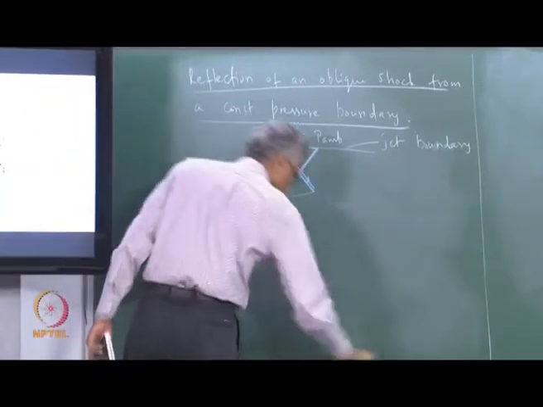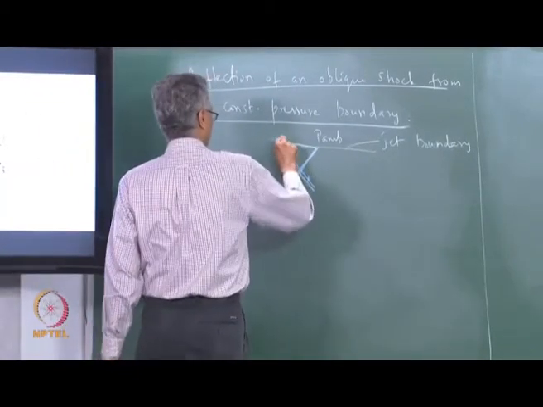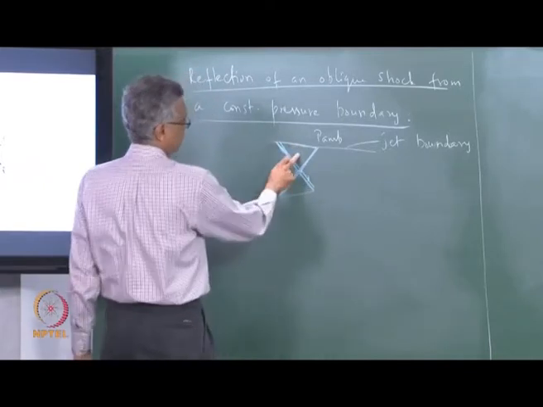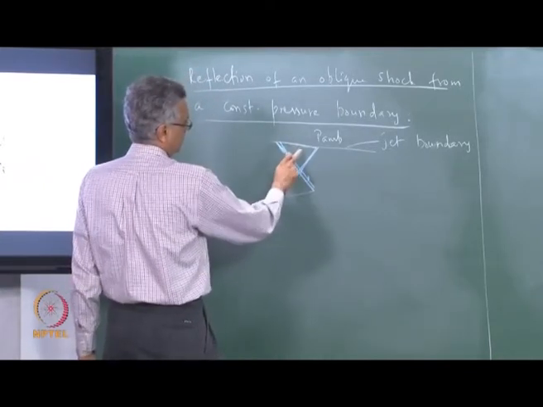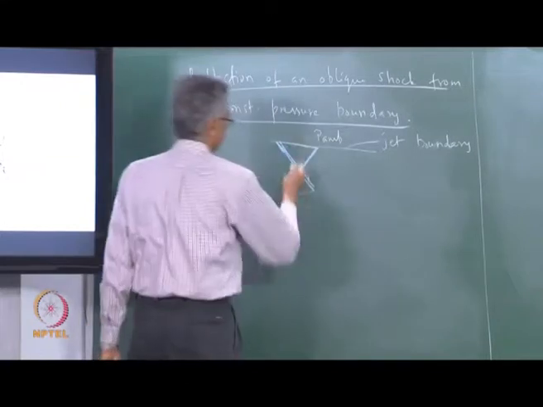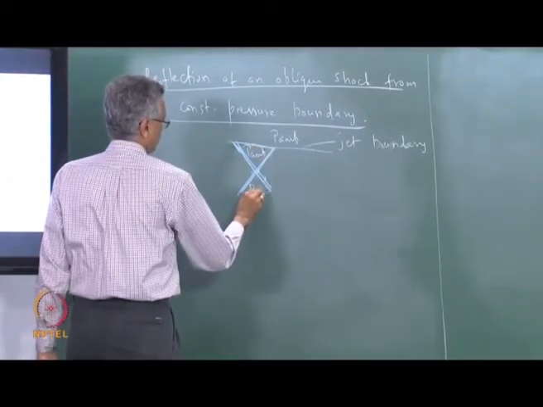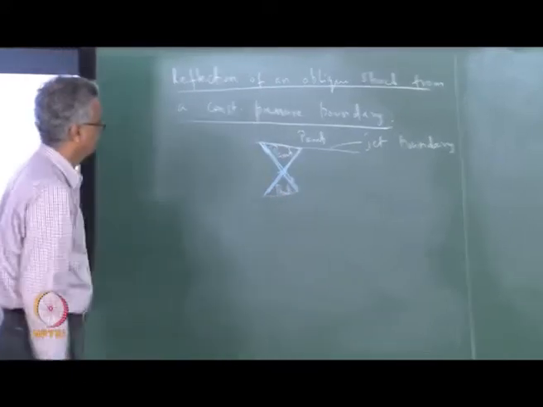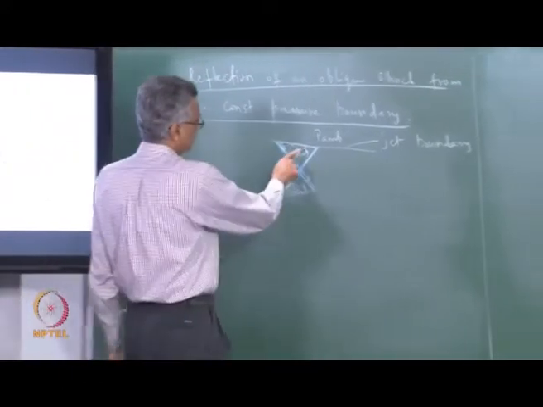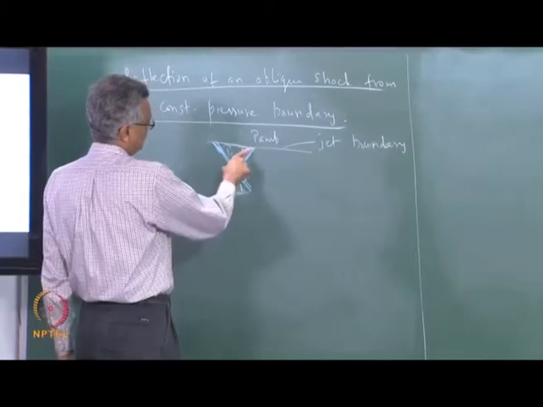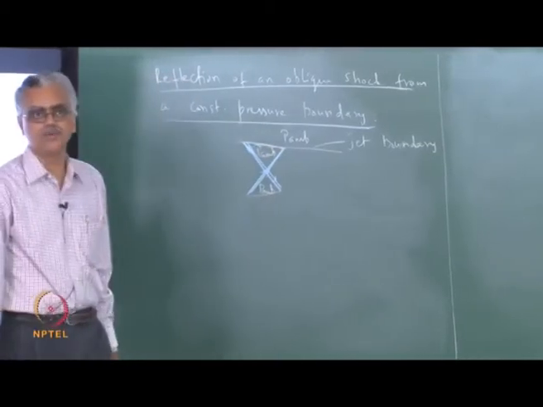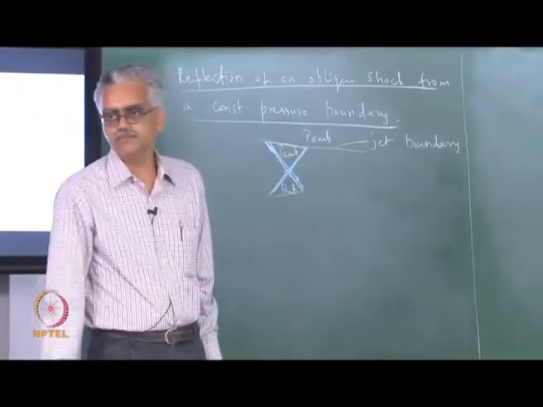So remember this region, this was at P ambient, this was also at P ambient, and now the oblique shock is impinging upon the jet boundary, and we want to see how it comes back.